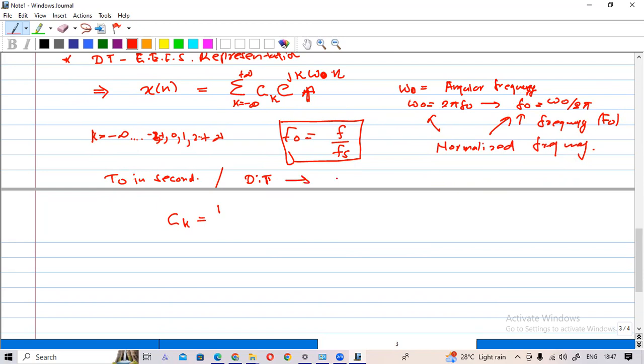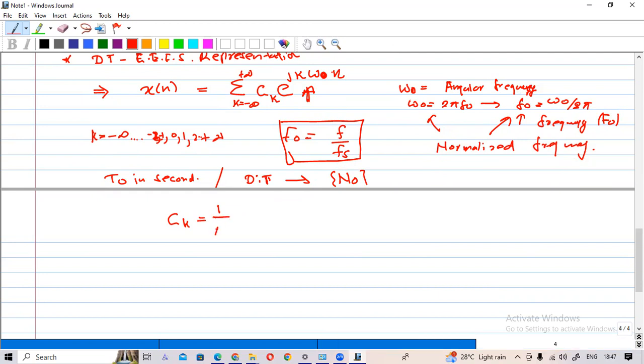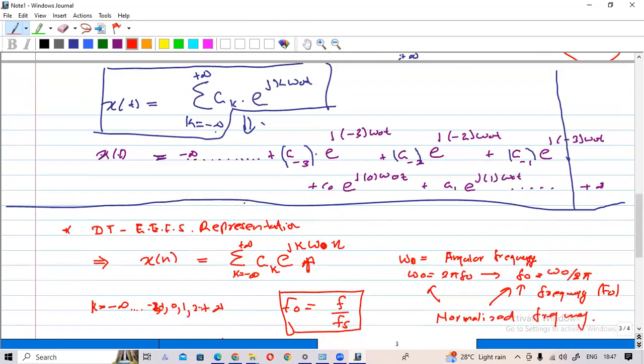You are going to measure it as the number of samples in N naught. So Ck is equal to 1 over N naught, where instead of T naught we put the number of samples. And this is for a discrete time signal.